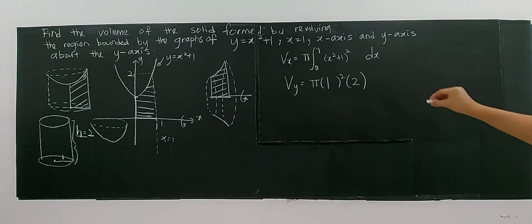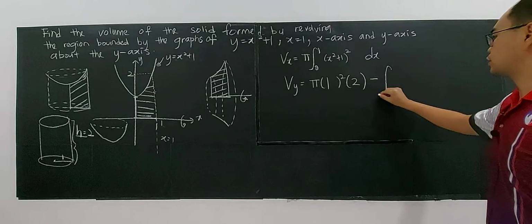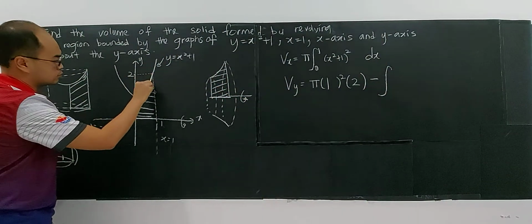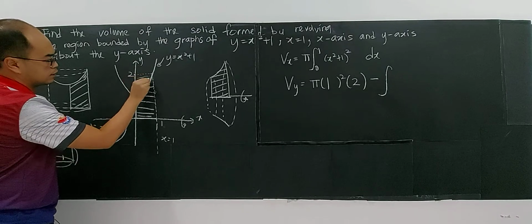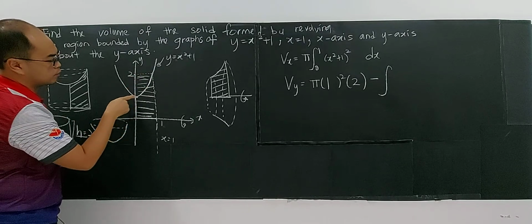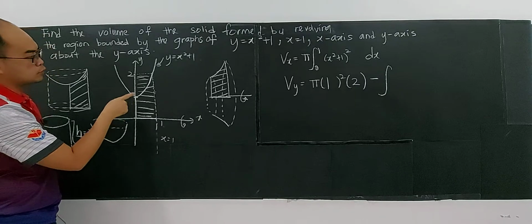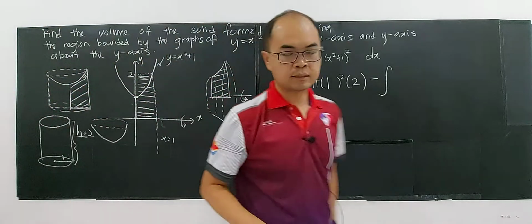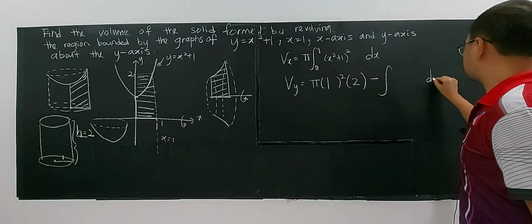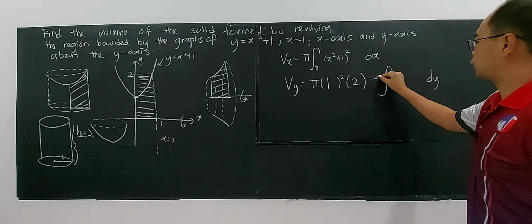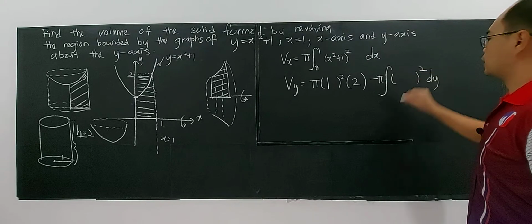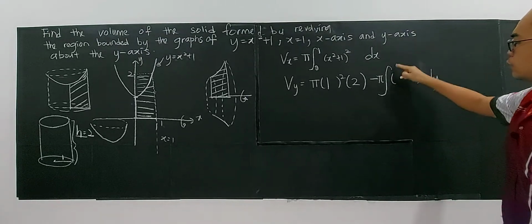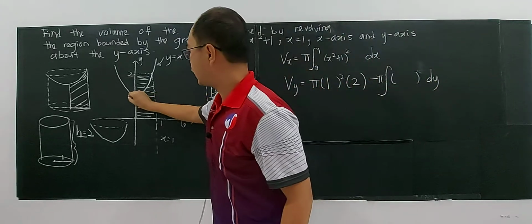And I have to subtract the integration because this is a curve. So we're going to subtract this section here. This is from integration with respect to y as you rotate through the y-axis, so I integrate with respect to y, dy. Then I put pi here and have x squared here. It's from 1 up to 2.